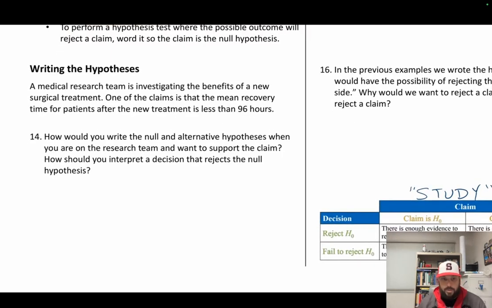So let's look at an example here. How would you write the null and alternative hypothesis when you are on the research team and want to support the claim? How would you interpret a decision that rejects the null hypothesis? Our context is a medical research team investigating the benefits of a new surgical treatment. One of the claims is the mean recovery time for patients after the new treatment is less than 96 hours.